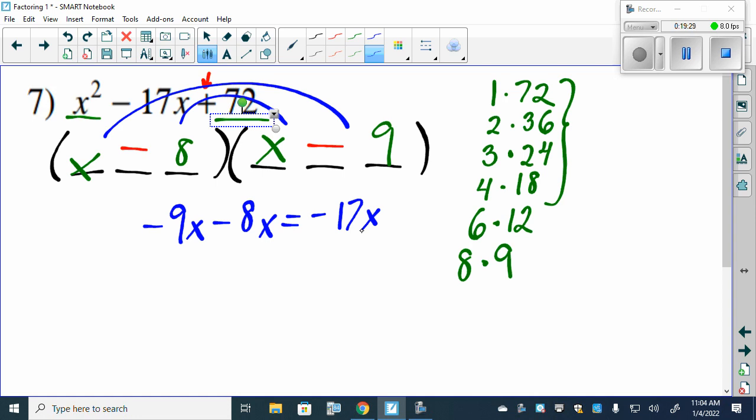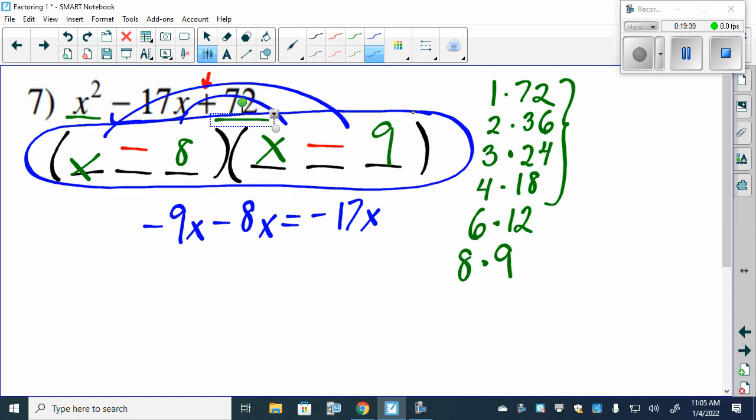Is that the middle term that we wanted? Well, yes. So these here are our factors. Any questions over any of this here?